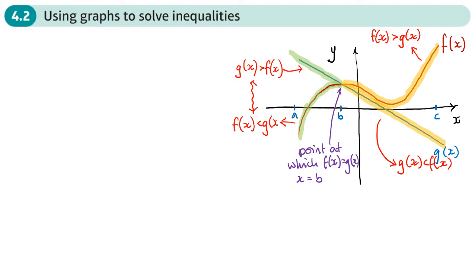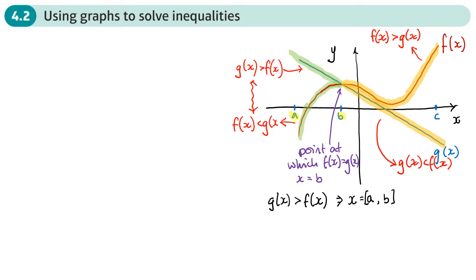So for example, if I was asked to solve when g of x is greater than f of x, I would say that's when x is between a and b, those two values that I've labelled a and b.